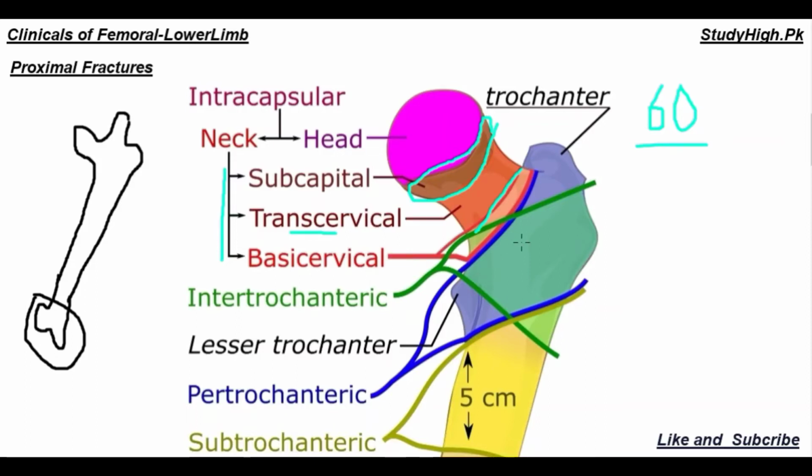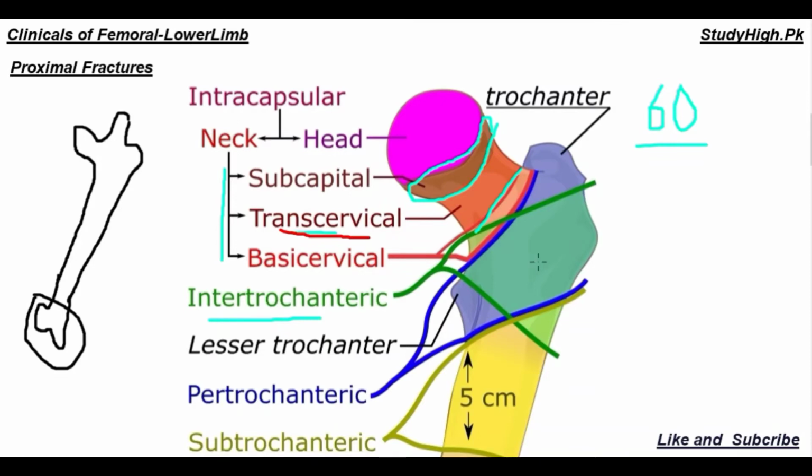Sometimes fractures occur in the area between the greater trochanter and lesser trochanter. This is called the intertrochanteric area. So, different types of fractures: if a fracture occurs in the subcapital area, we call it a subcapital fracture. If it occurs in the middle portion of the neck, the transcervical area, we call it a transcervical fracture of the neck of the femur.